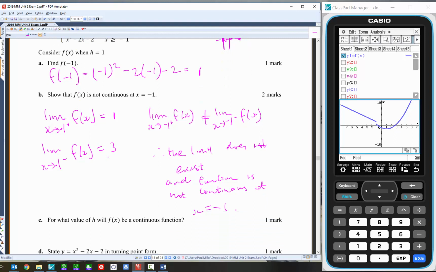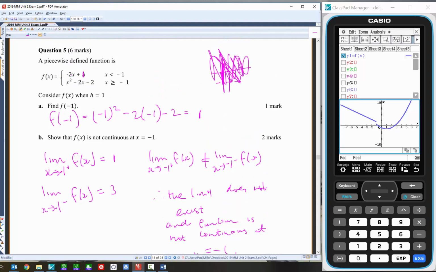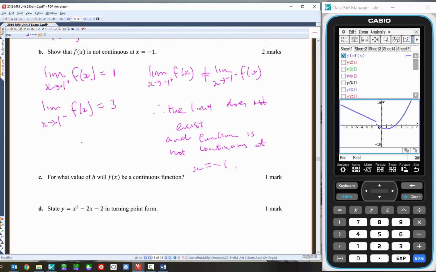So at the same point, this function was 3. So what we need to do is drop it down 2 units. So this one here would be negative 2x take 1. Okay, so if this was take 1, that would be dropped down 2 units. So I suspect that it's going to be h is equal to negative 1.